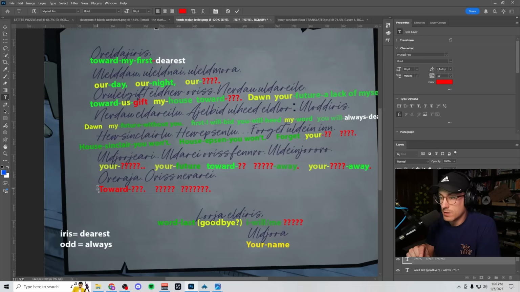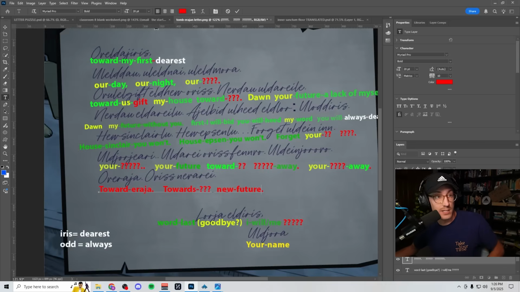Ov Eraja. Towards Eraja? I mean, the name of the country. Towards Eraja. Towards Is. New future, right? I mean, this is the sanctuary, the inner sanctum.